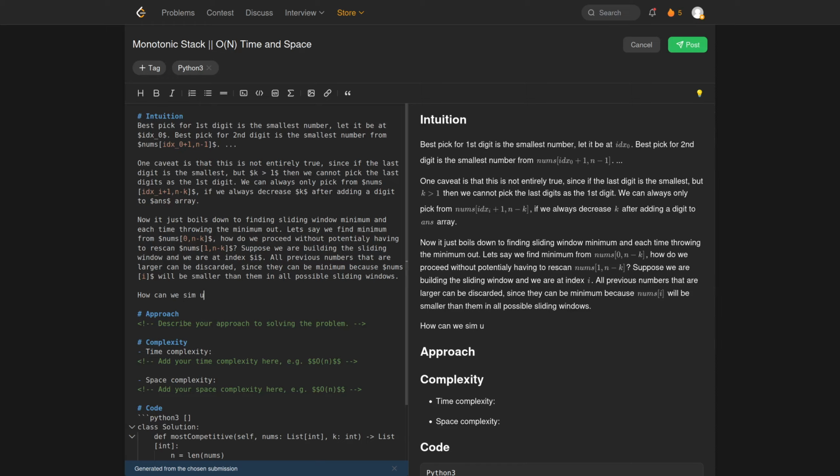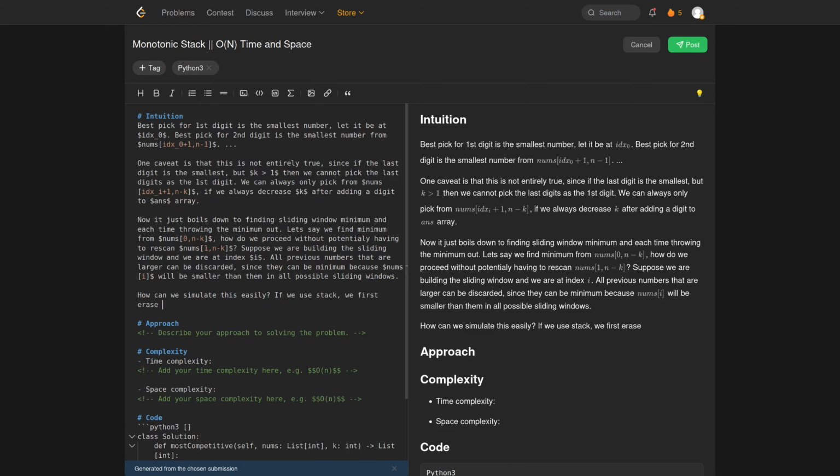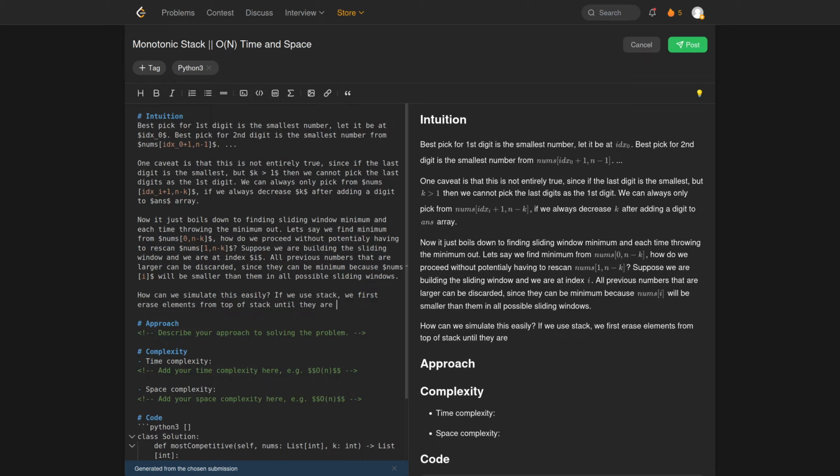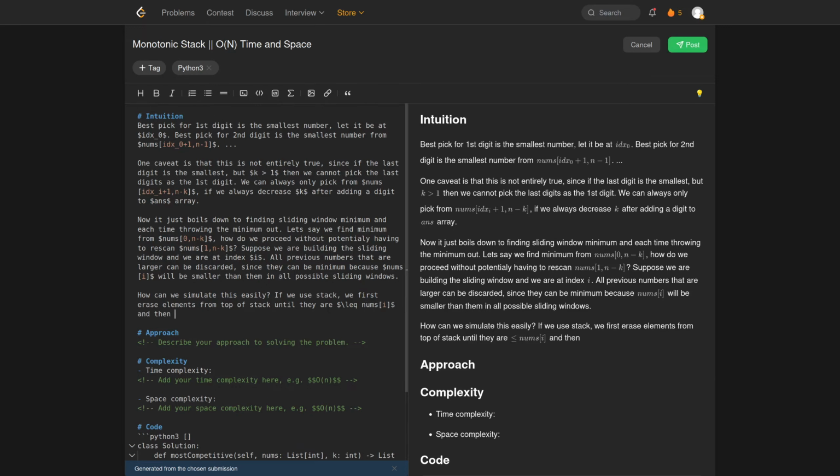How can we simulate this easily? If we use a stack, we first erase elements from the top of the stack until they are smaller than nums i, and then we can append nums i to the top of the stack.